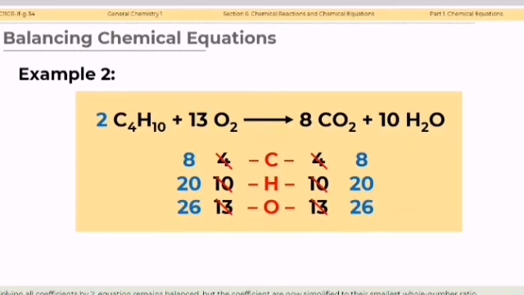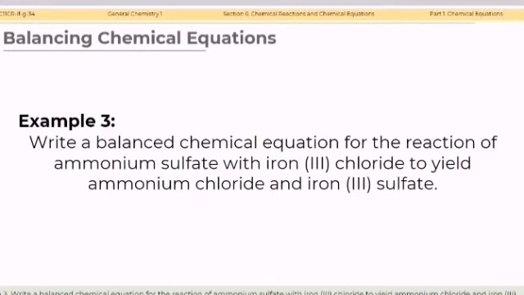By multiplying all coefficients by 2, the equation remains balanced, but the coefficients are now simplified to their smallest whole number ratio. Congratulations, you did a great job. Now let's proceed to example number 3.